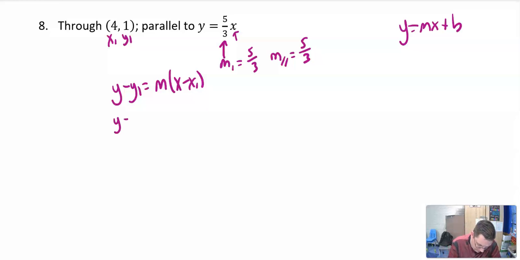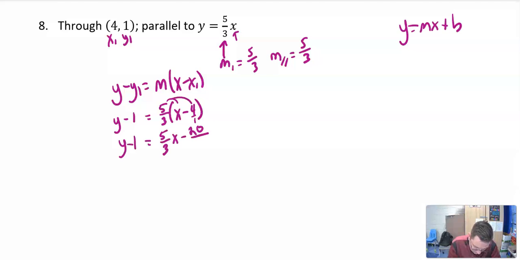And so y minus 1 is equal to 5/3 times x minus 4. We're going to distribute this, so y minus 1 is equal to 5/3 x minus, remember this is over 1, so 20 over 3. And we're going to add the 1 across. That will cancel.